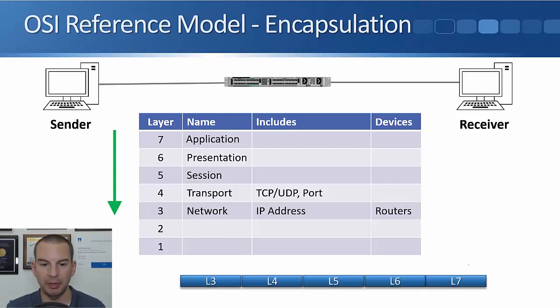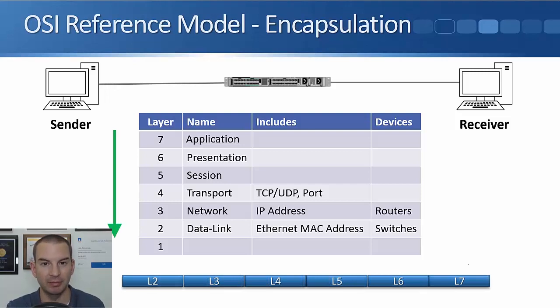The next thing that will happen as we compose the packet is the sender will then encapsulate that information in the layer 2 header. Layer 2 is the data link layer. And important information there is the MAC address if we're sending this over an Ethernet network. The network device that works at layer 2 is our switch.